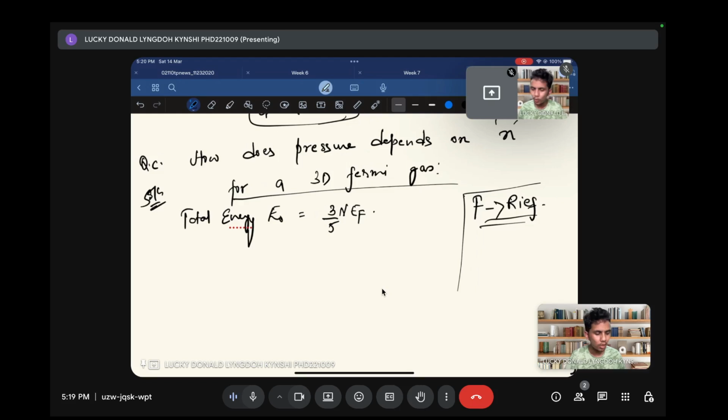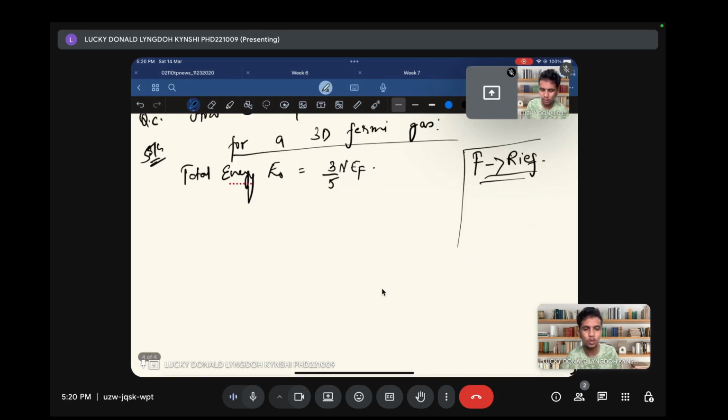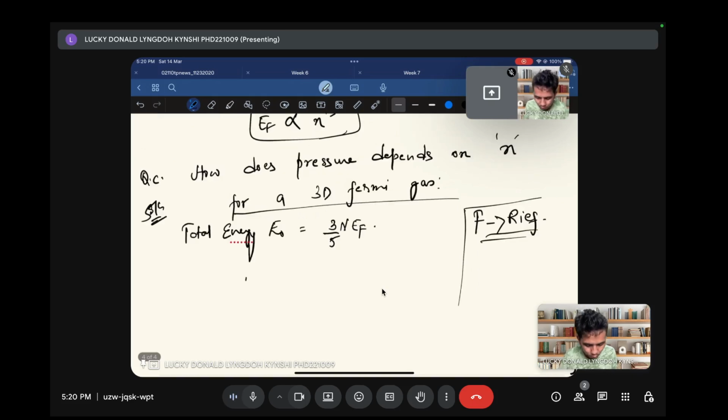When I think about total energy, it means the sum of the energies of all occupied states. You have all the states available in k space, and you fill the particles, and all those particles have a certain energy, and the total energy means the total energy of all the states. So the total energy will be in fact 3/5 N EF. Once you get EF, E naught is equal to 3/5 N times EF. What is EF?